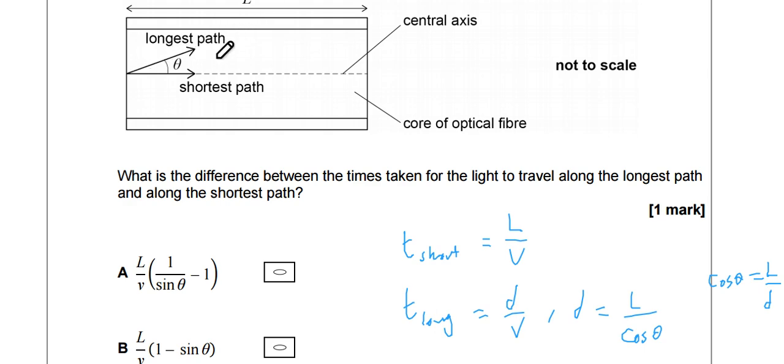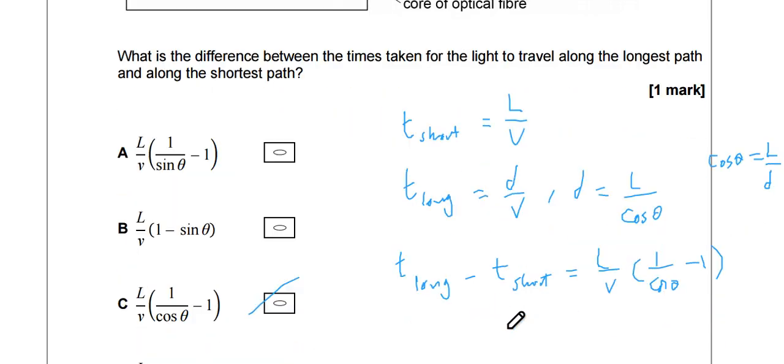Okay, suppose we move to here, neighbor over hypotenuse. The neighbor will be the distance of the shortest path, which is L here, and the hypotenuse we will let be D. We can rearrange and substitute for T long. After that we can subtract.